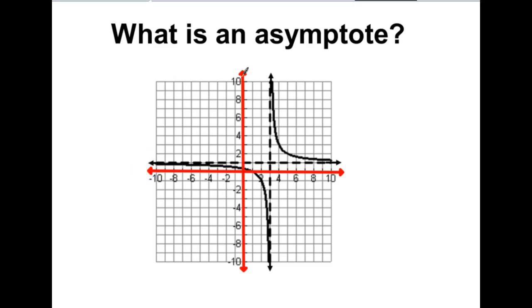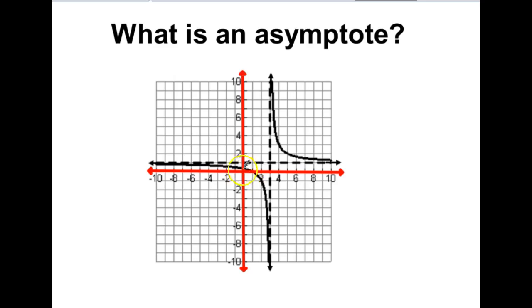Does this look like kind of the graph that you were graphing on Friday? This is a rational graph, a rational expression, and it has some asymptotes. Did you understand from Friday's lesson what an asymptote is? Okay, let's go over what an asymptote is.